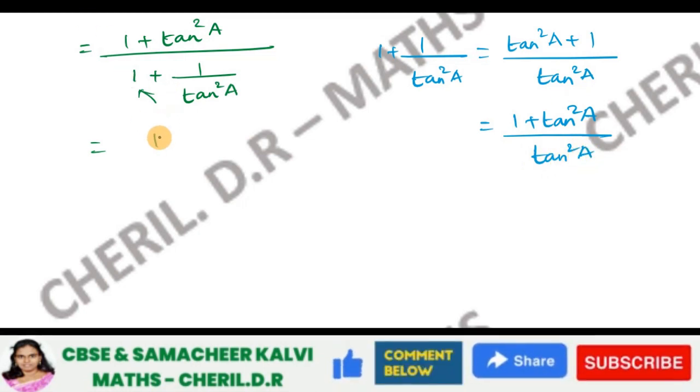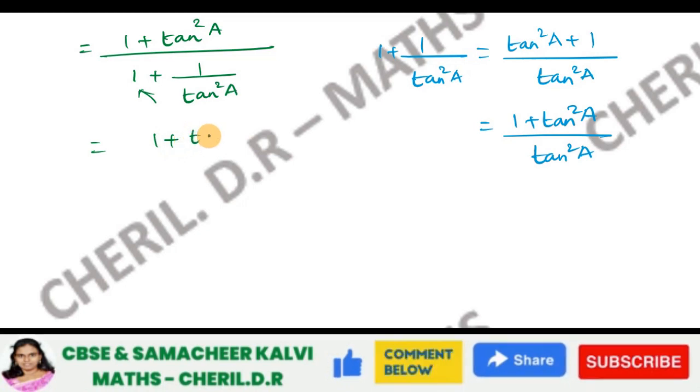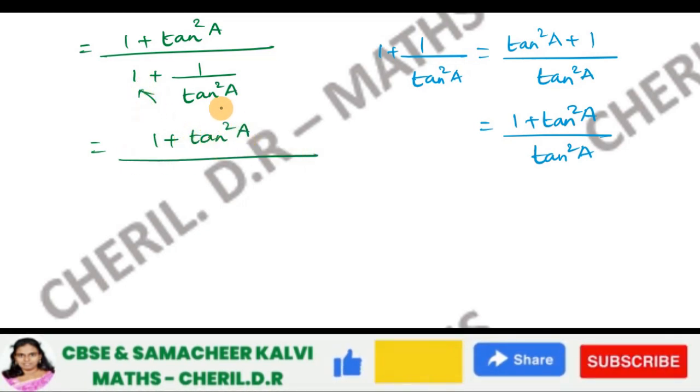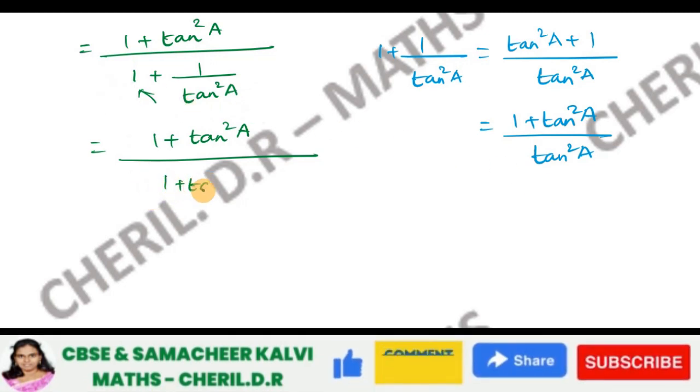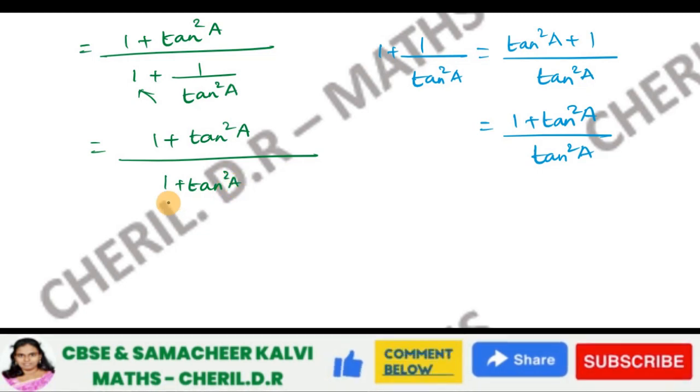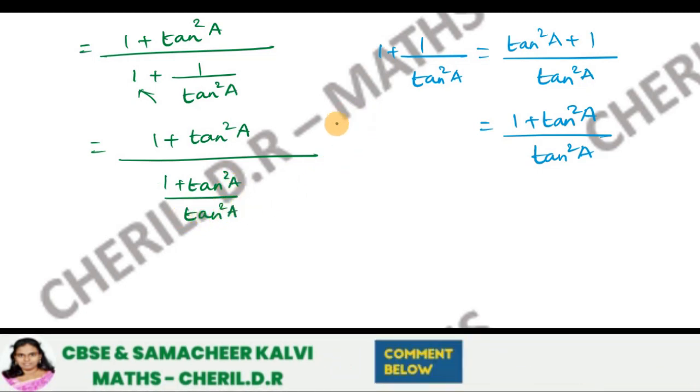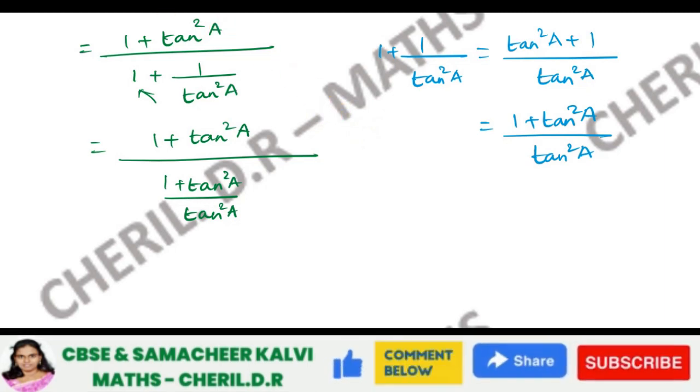So now substituting that here, I have 1 plus tan square A already in the numerator. For the denominator I am going to substitute this value. So what will I get there? 1 plus tan square A divided by tan square A. So look into this. I've got some relation here.